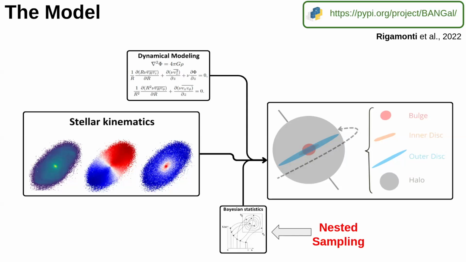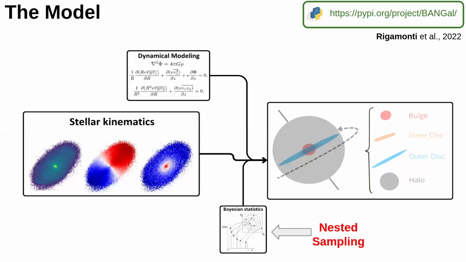And secondly, it allows you to compare statistically different models, or in our case, models with a different number of components. So I fit a galaxy and I can say, okay, I need just one bulge plus the disk, or one bulge plus two disks.